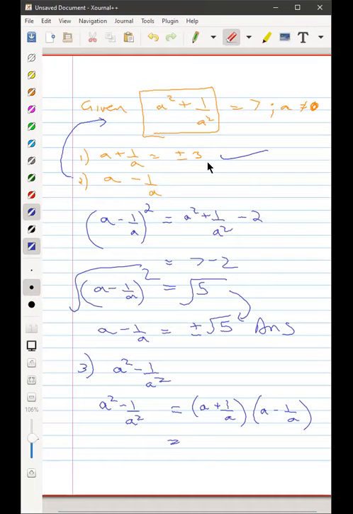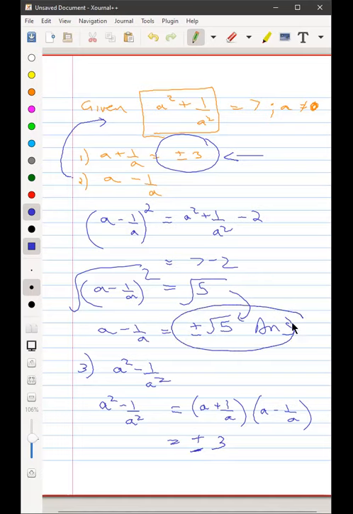Submit the first part of the question. 7, no. Plus minus 3. Why are you forgetting plus minus? Yes, plus minus 3. And what is a minus 1 upon a?